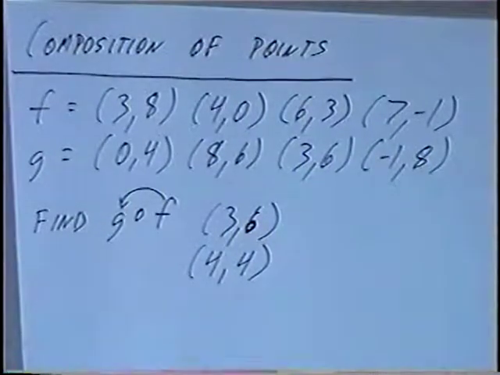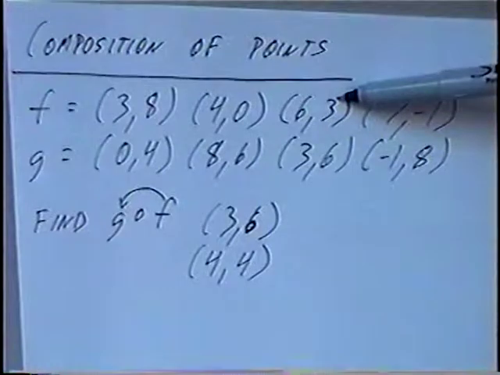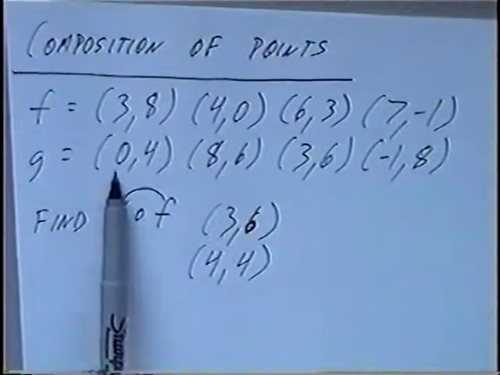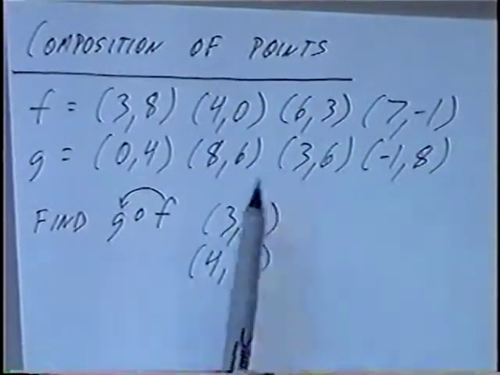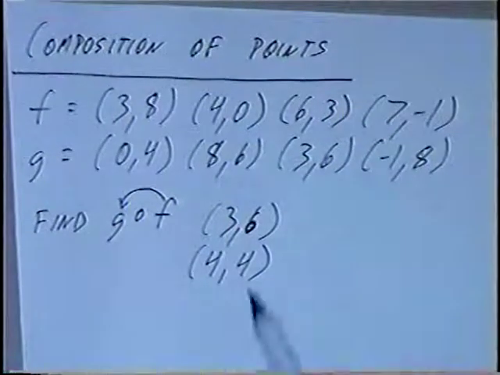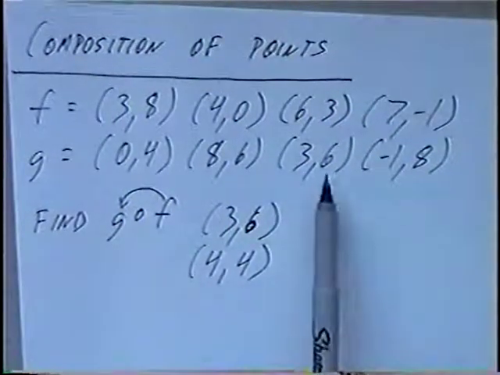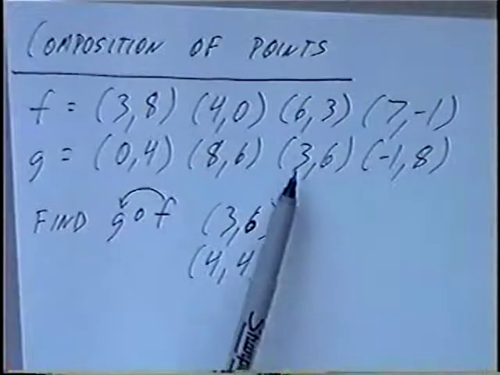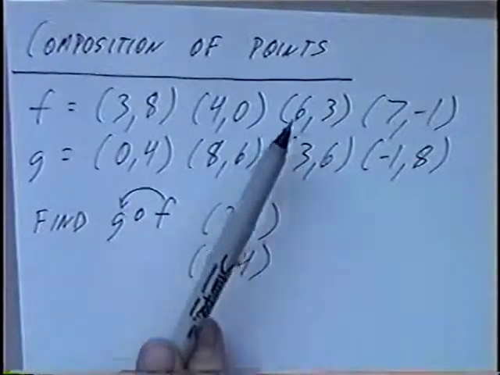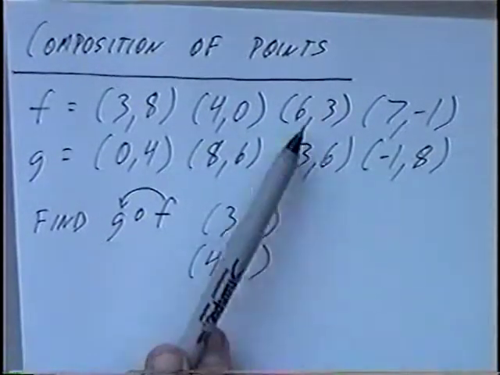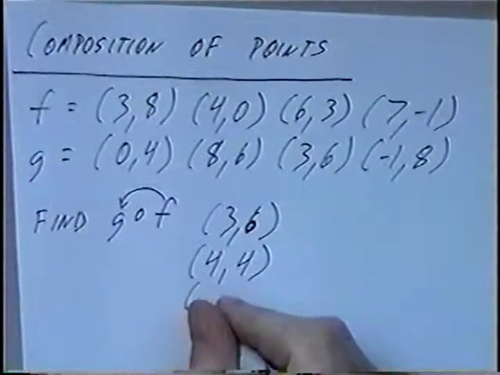The third point, 6, 3. And again, we'll match the 3 up with the x value in the g function, which would be the third point. So 6, 3 will match up with 3, 6, and then the answer will be x, y, or 6, 6.